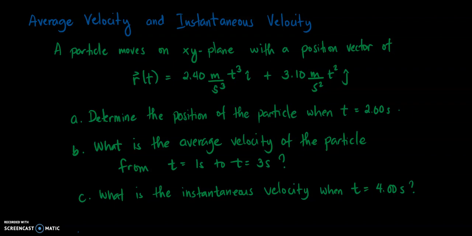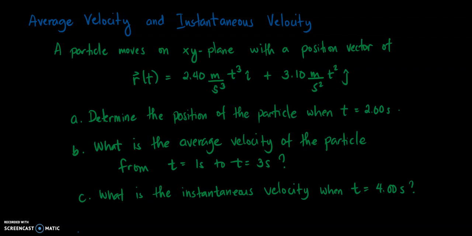Okay, let's have this average velocity and instantaneous velocity problem. A particle moves on the xy plane with a position vector r of t equal to 2.40 m/s³ t³ i hat plus 3.10 m/s² t² j hat. We will determine the position of the particle when t is equal to 2 seconds.